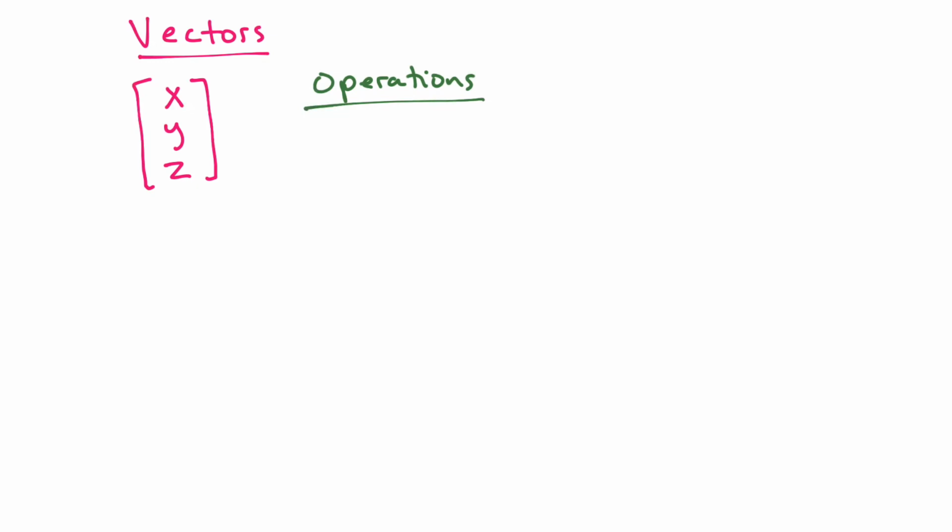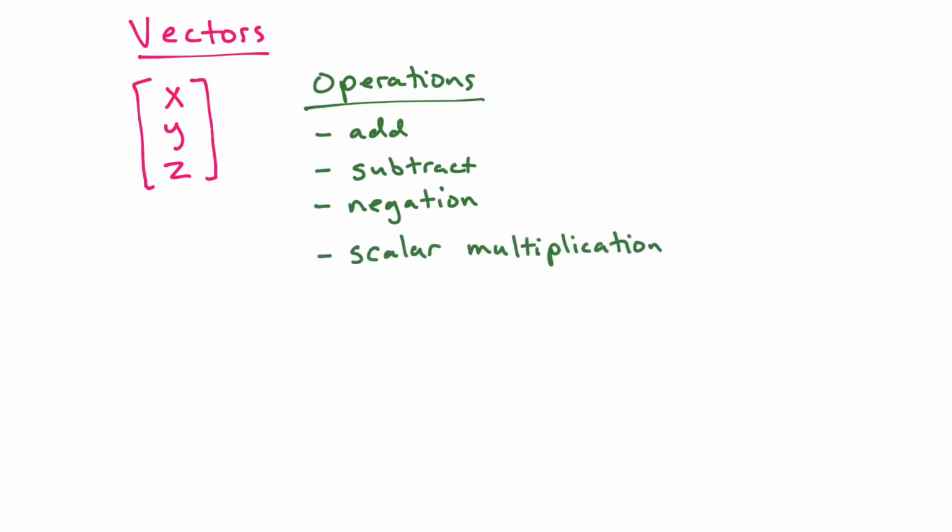There's a number of operations we'd like to do. First is addition, where we just add the components together and we get a vector out. Subtraction, similar to addition. Negation, where we take the negative, so negative x, negative y, negative z. Scalar multiplication, where we multiply each component by a single scalar value.